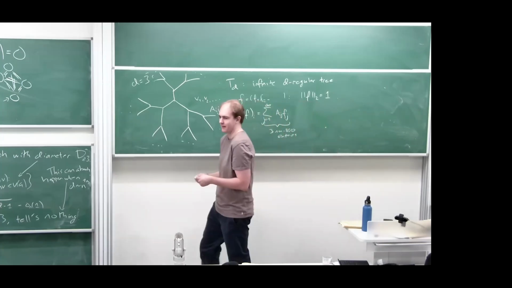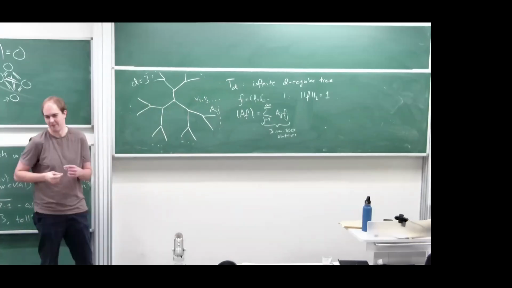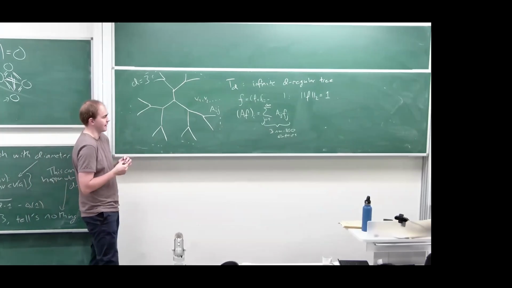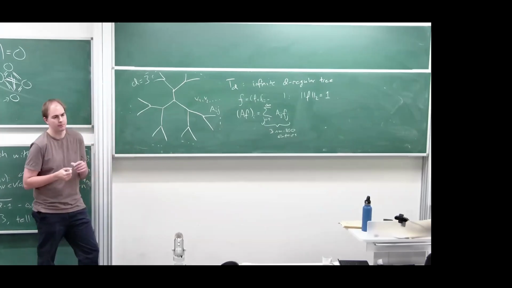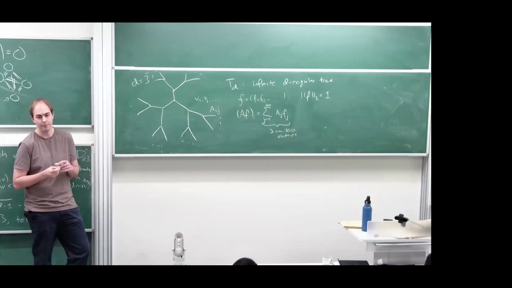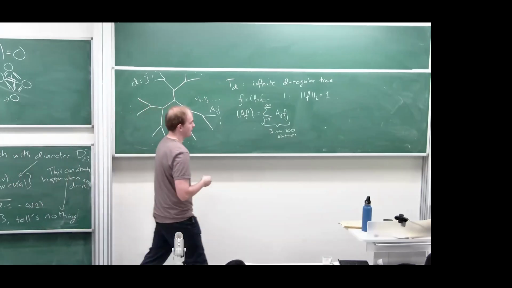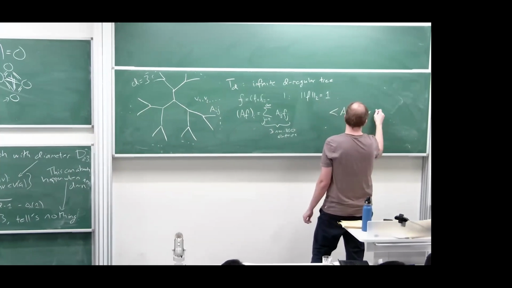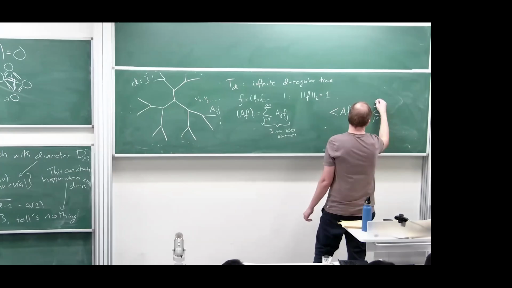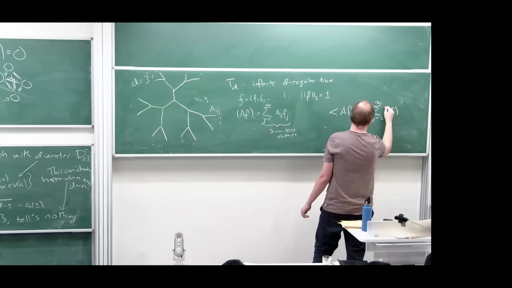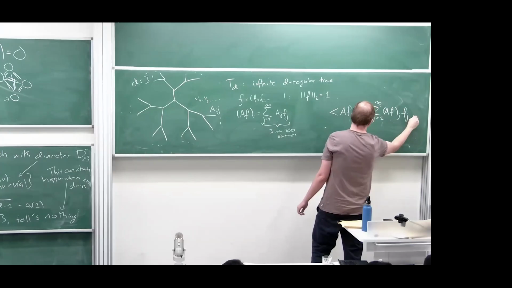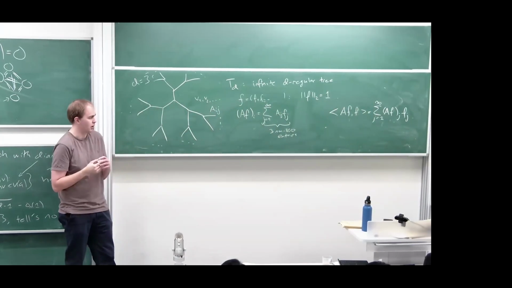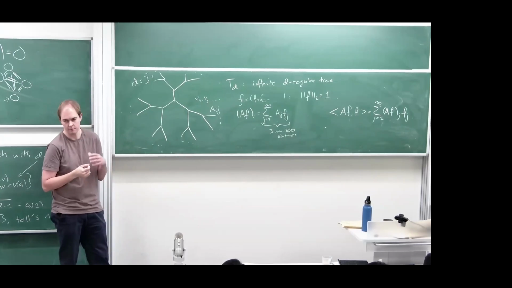So that's a very well-defined number for every vector f. In addition, it's not too hard to prove that Af is going to have a bounded L2 norm, and then we can define the inner product of f and Af as usual. And again, it's not too hard to prove that if f has a bounded L2 norm, then this inner product is finite.